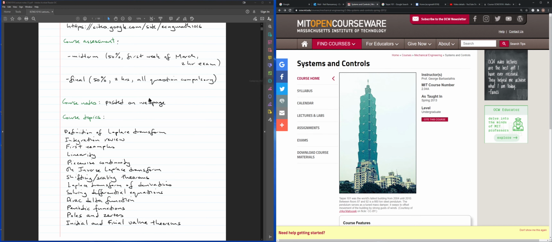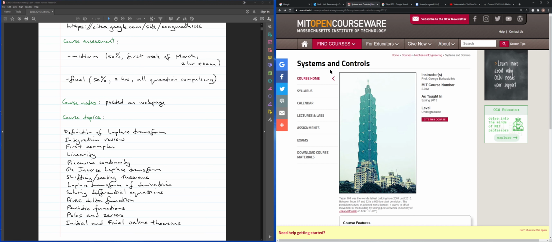As I mentioned, this course is about Laplace transforms, and where Laplace transforms are used. Well, you all are electrical students. You use Laplace transforms in controls.